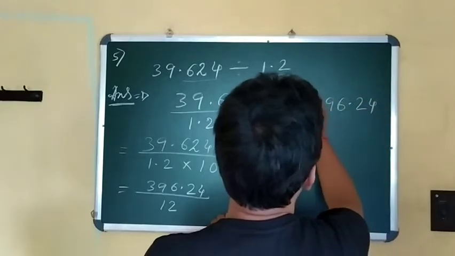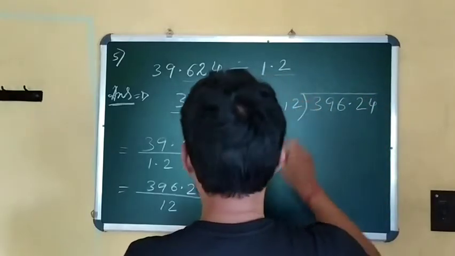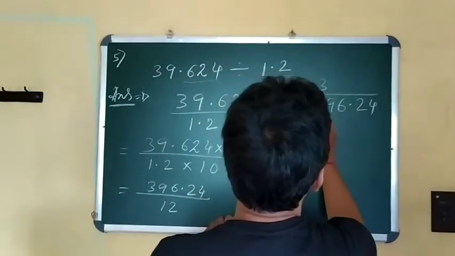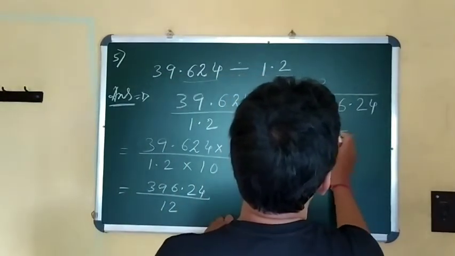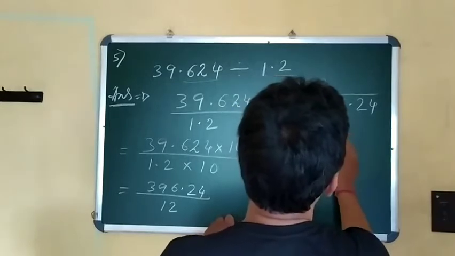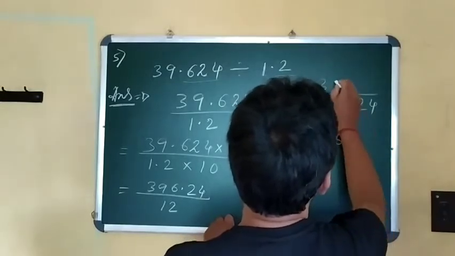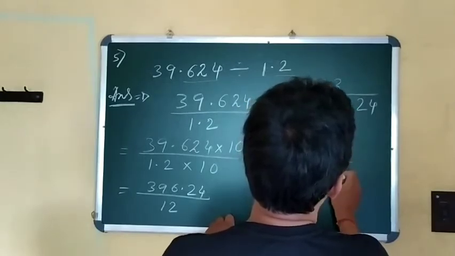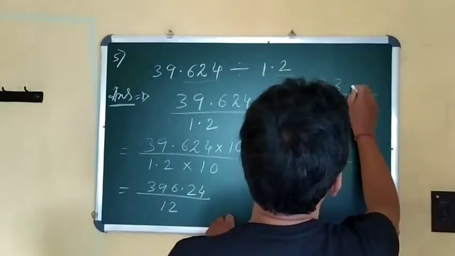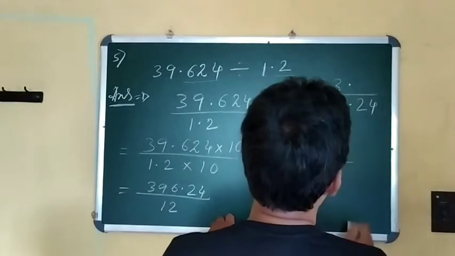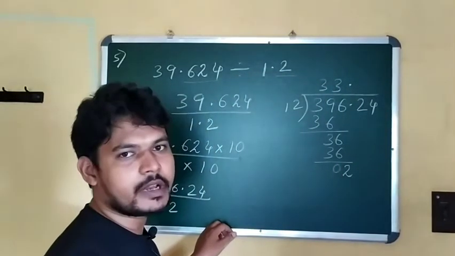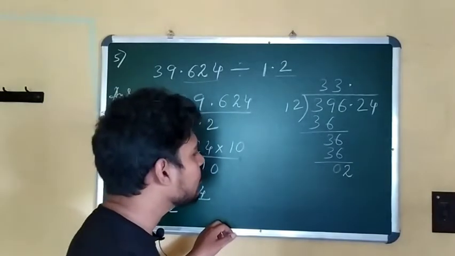396.24 divided by 12. So 3 into 12, 36. 3 comes down, 6. Then again 3, that is 36. So here you shift the decimal point, then we can take 2, but 2 is not divisible by 12. Then what to do?